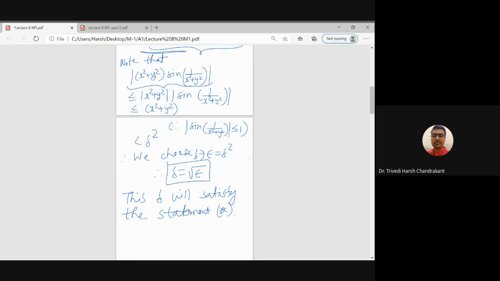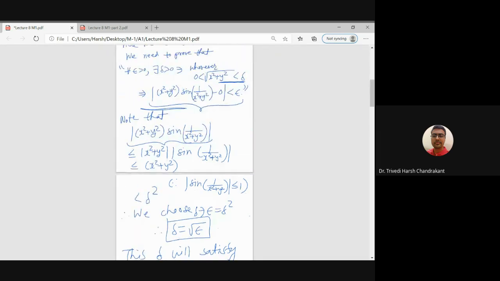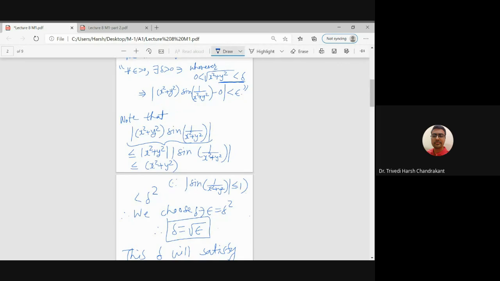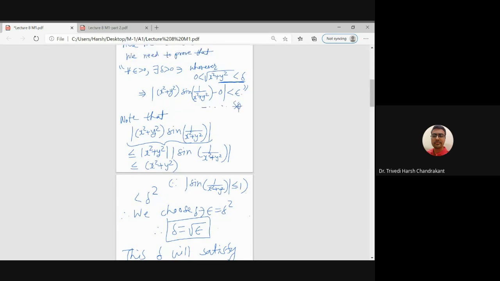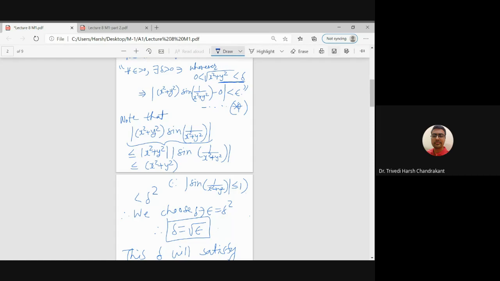What is the statement star? Statement star is basically this statement, that is what we are checking, that the limit exists using the epsilon delta method.